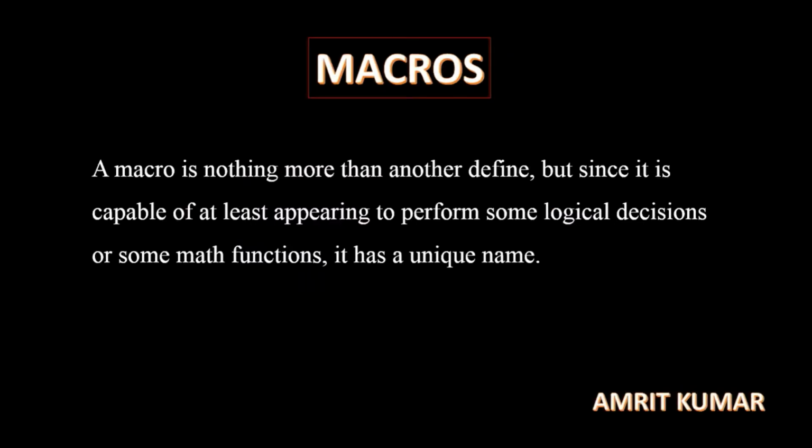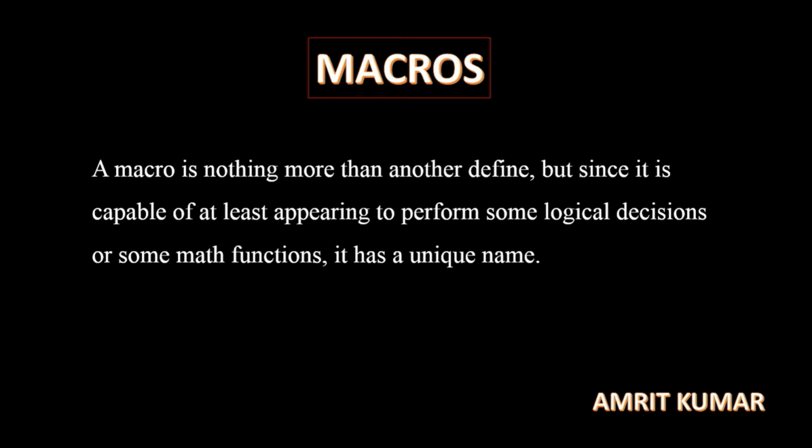A macro is nothing more than another define. It is actually a define. Since it is capable of at least appearing to perform some logical decision or some math function, it has a unique name. We use the concept of a macro to define anything, like typedef.